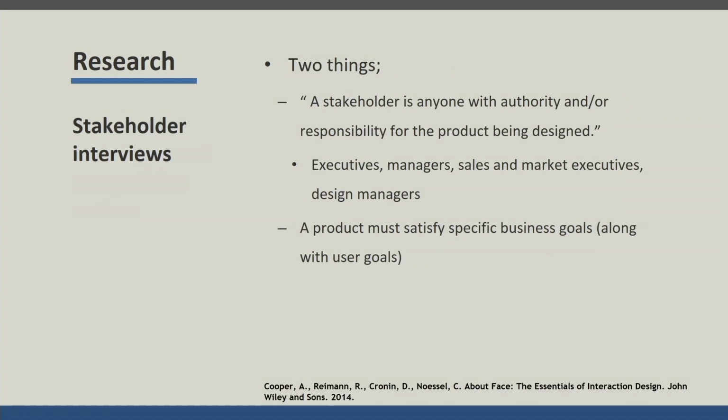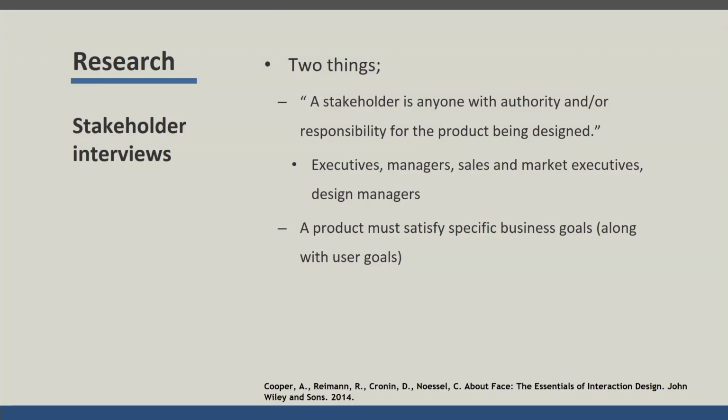Now, once you have done the prototype or product review, the competitive review, you come to the next stage, which is stakeholder interview. Okay, so there are two things to understand. The first one is, what is a stakeholder, or who is a stakeholder rather? A stakeholder is anyone with authority and or responsibility for the product being designed. Okay, so these are the people who have commissioned the project.